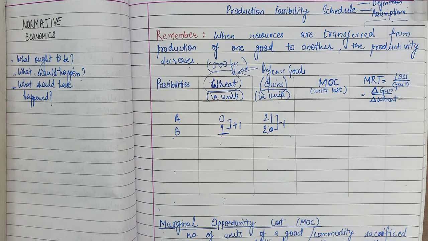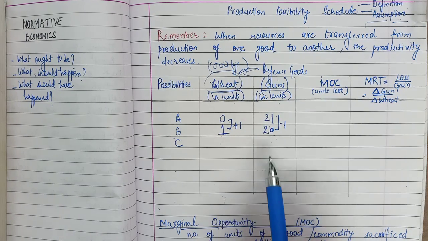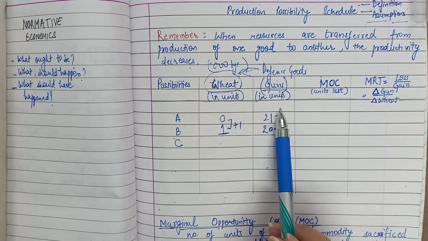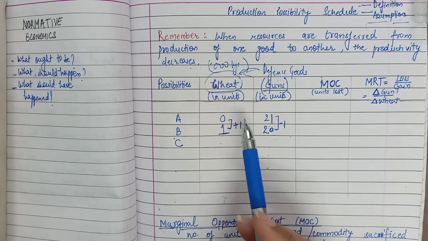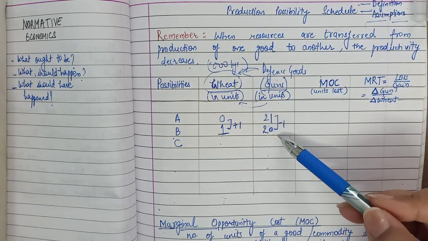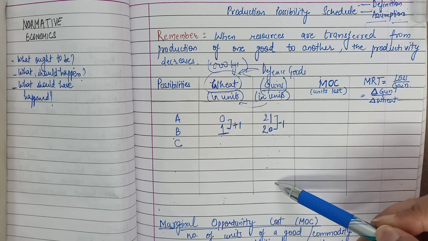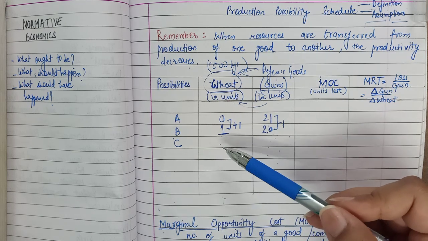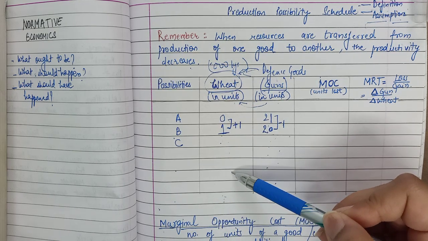Okay, now let us suppose we need more wheat in the economy, and we still need to shift some more resources from guns towards wheat. Resources need to be transferred from guns towards wheat. So again, some loss will be faced on the gun side, and some gain we'll be having on the wheat side, because the economy needs more wheat.